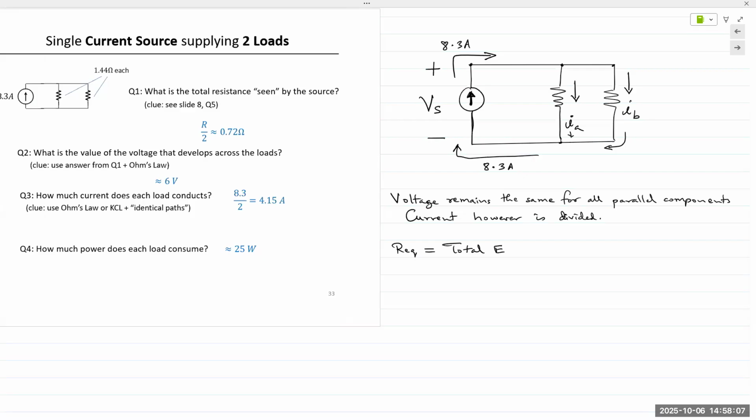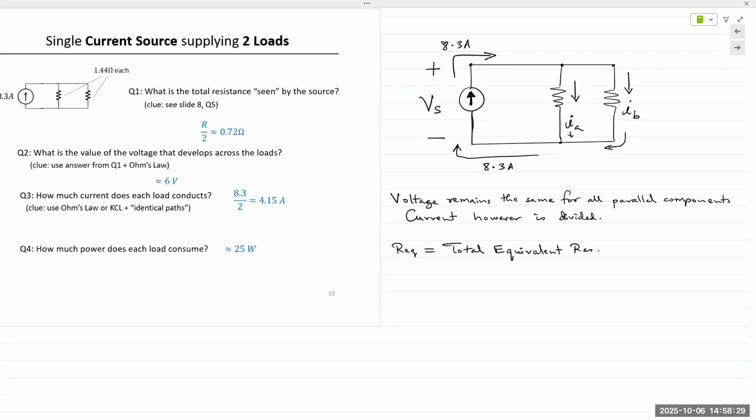Req, or RT, as in Texas, stands for the total equivalent resistance as seen by the source. So in a series connection, Req is simply R1 plus R2 plus R3.